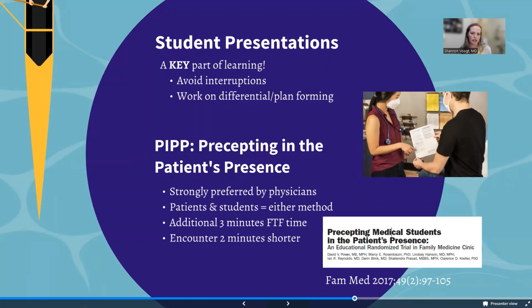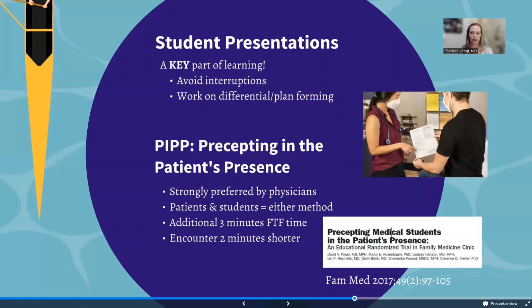So one way to do this in a more efficient fashion, and this is something I typically do once or twice a day, I don't do it for every single patient, is I have the student precept in the patient's presence. This is where the student has interviewed and examined the patient, and then they come out.